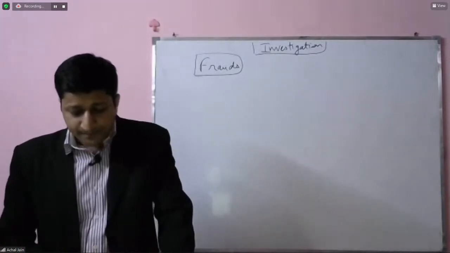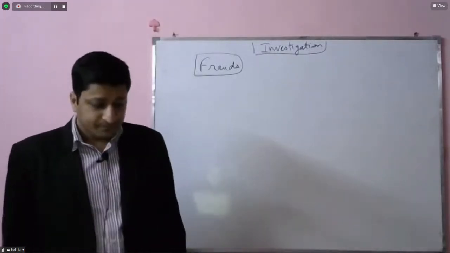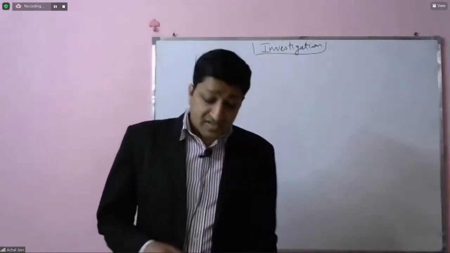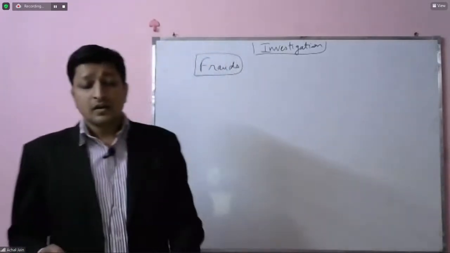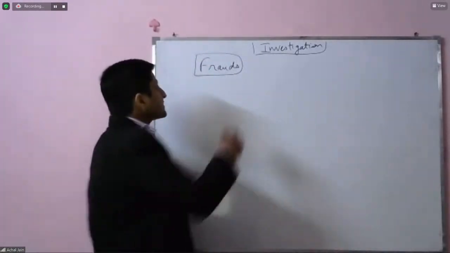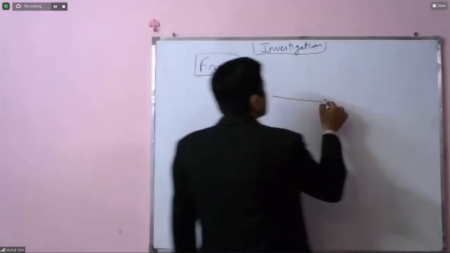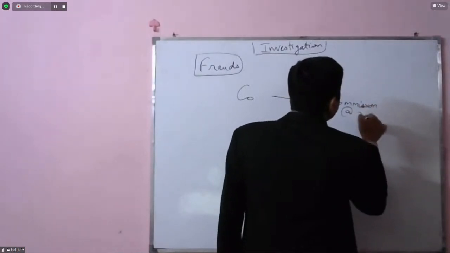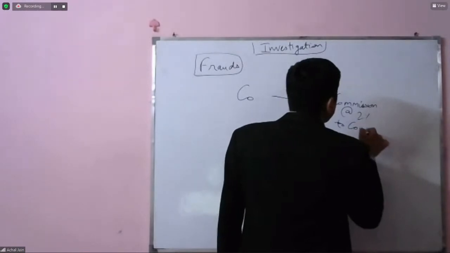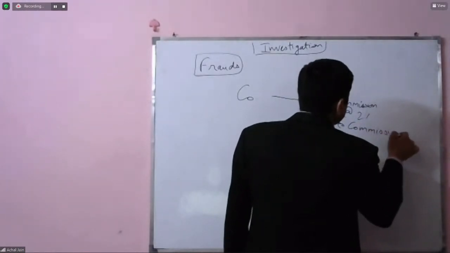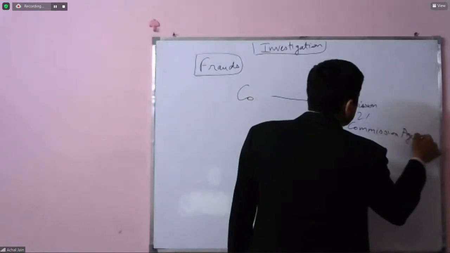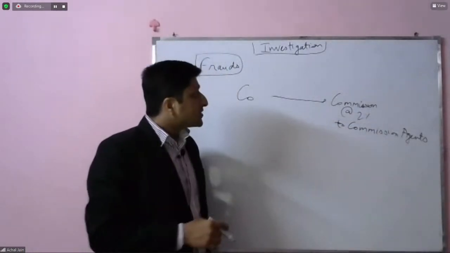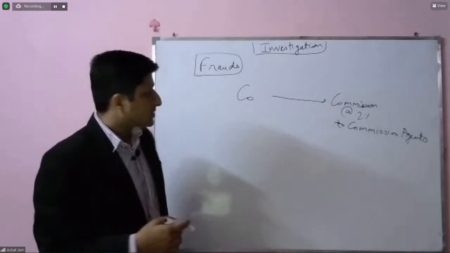Commission schemes. In this case, the salesman will take advantage of some of the commission schemes. For example, let's suppose a company pays a commission at the rate of 2% to the commission agents.